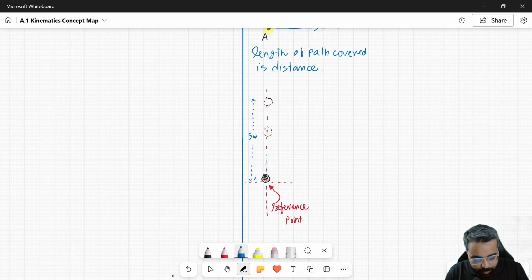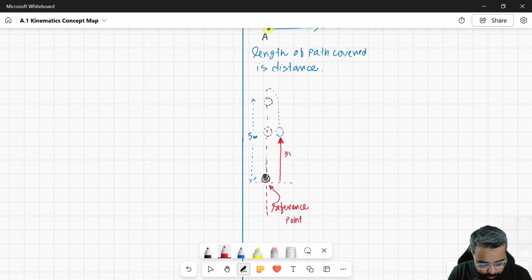But when the ball is coming back, now the ball is turning down. If the ball is at this position, you have to measure the displacement from your reference point. So displacement is still positive, dear students, that is upward, and that will of course be less than 5 meters. Let's say it is 3 meters. Displacement is a vector quantity, and you see it is positive because it is the straight distance from the initial to the final point in a straight line.